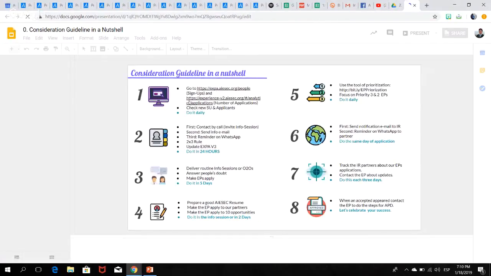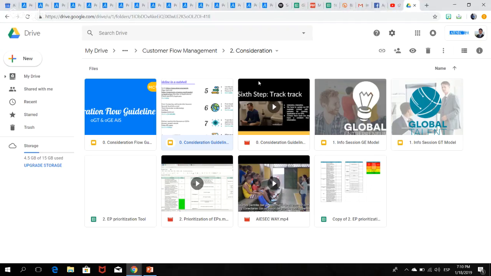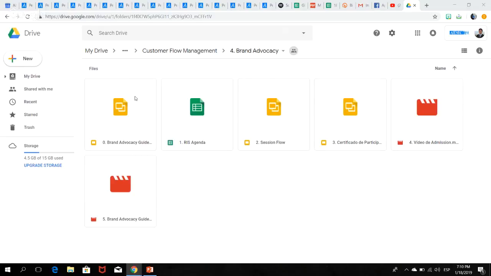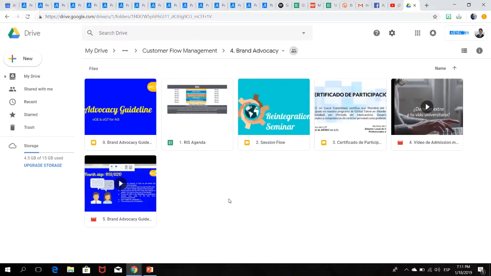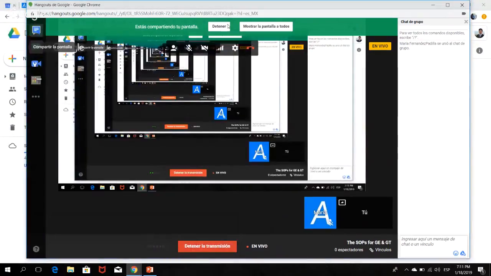So it's the steps that you should do in order to have a better way to work on the consideration part, because we know it's a bottleneck. And also, if you have EPs that are finished, you have this brand advocacy guideline to have these measurables.